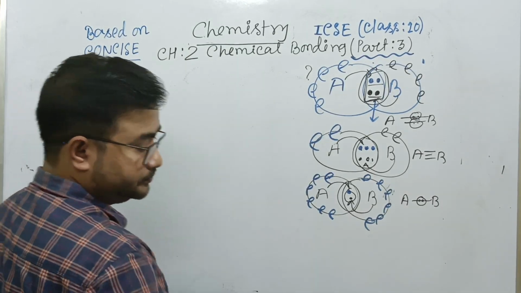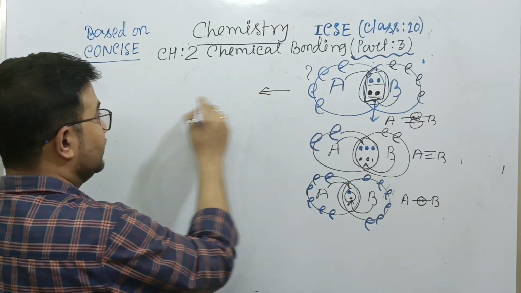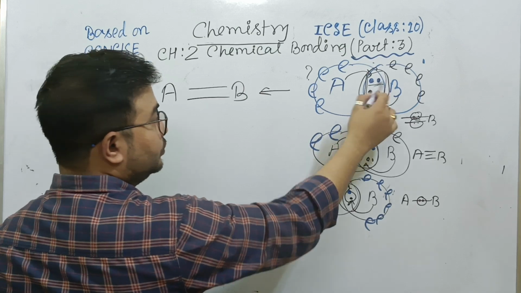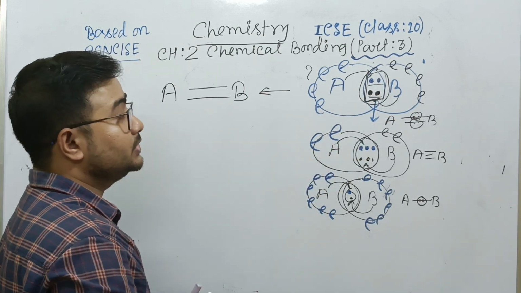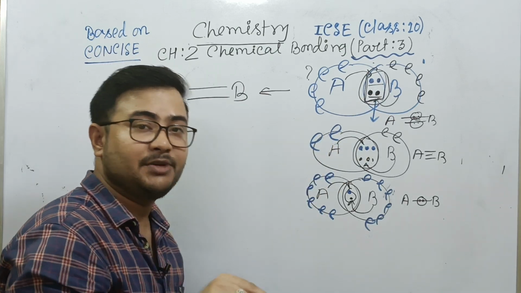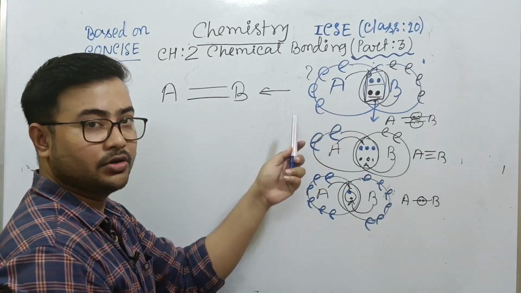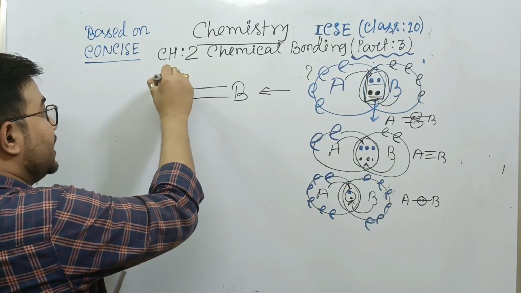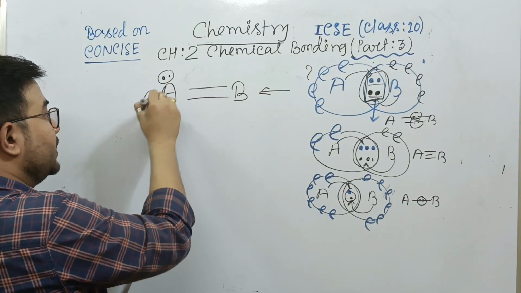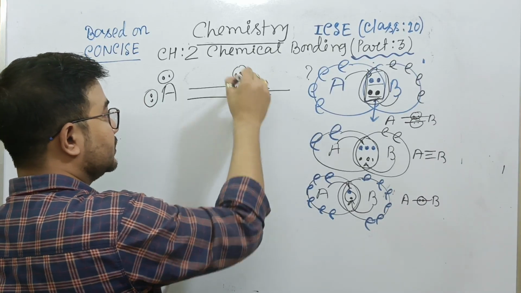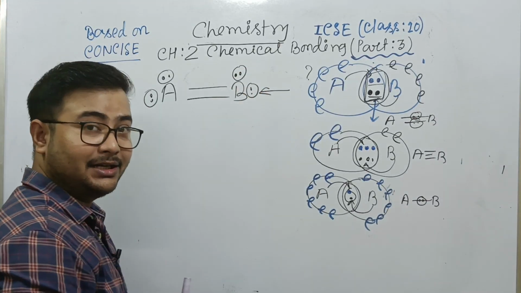Tell me here how many bonds will form between A and B? 2 pairs, so 2 bonds. How many unshared pairs of electrons in the case of A? 4 electrons, so how many pairs? 2 pairs. Here also 2 pairs.